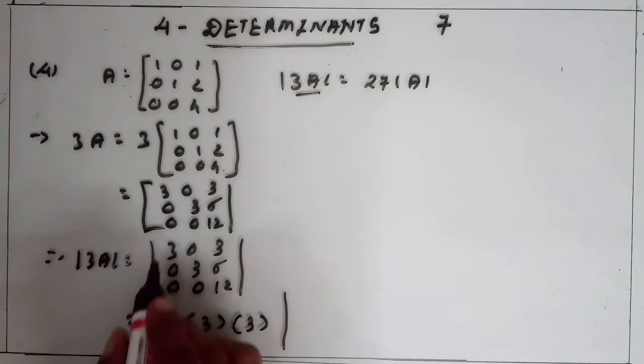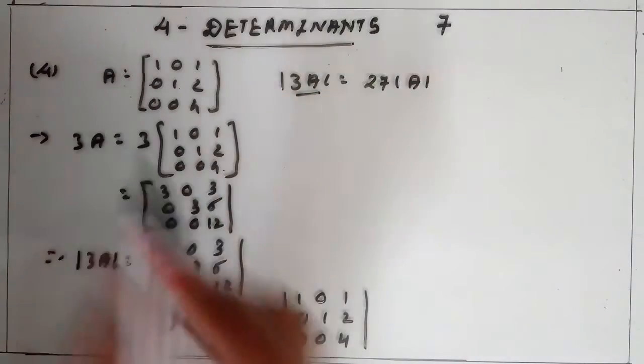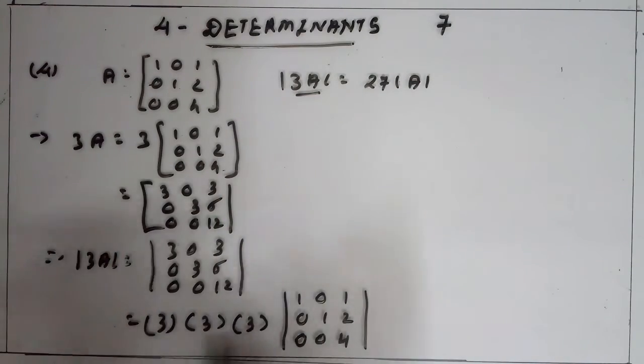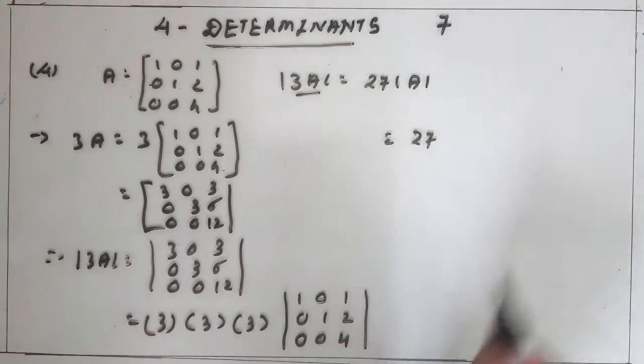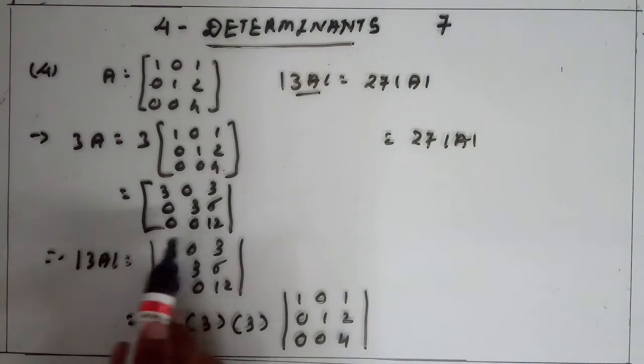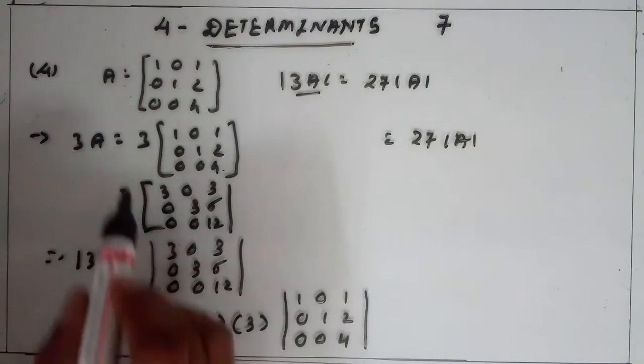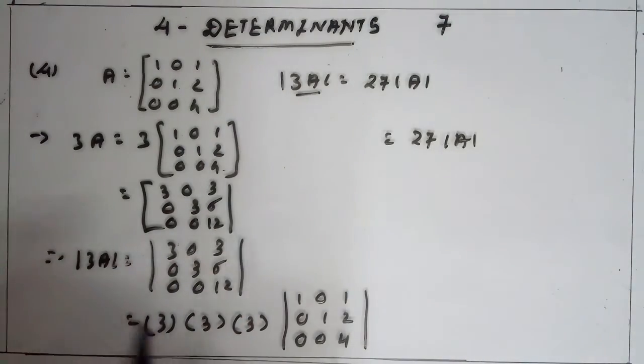We get the determinant 1, 0, 1, 0, 1, 2 and 0, 0, 4, and this is the determinant of A, and 3 into 3 into 3 becomes 27 into A. Or you can expand this and get the value of this determinant, then get 27 into the value of the determinant and compare both results.